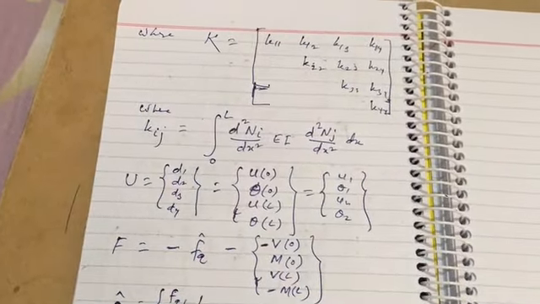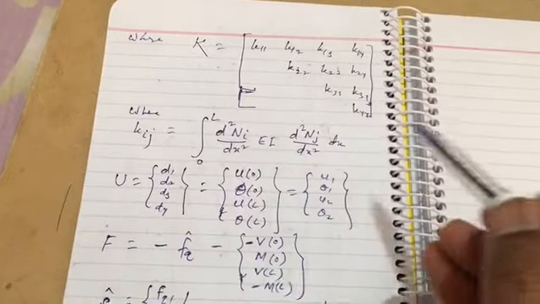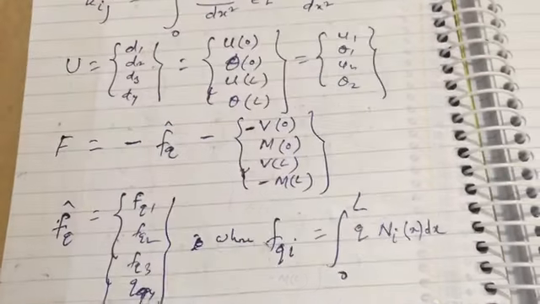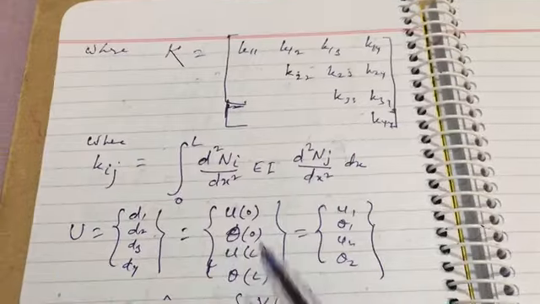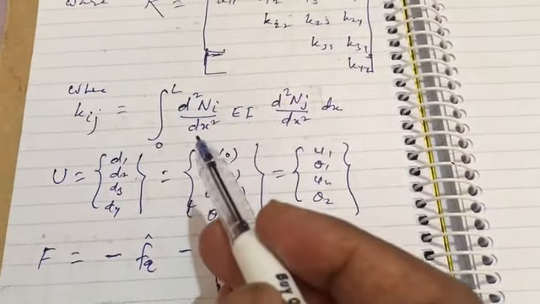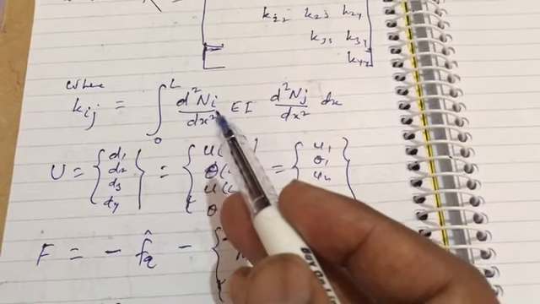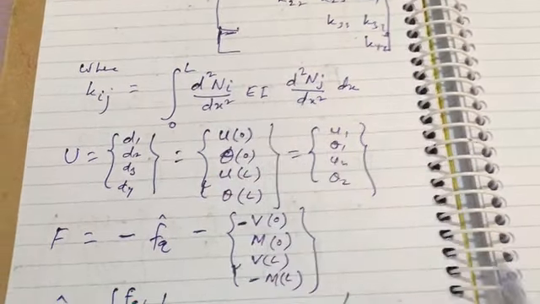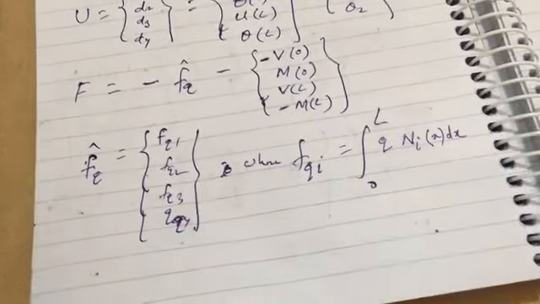Okay, so for example, let's do one of these. Let's find out k11 to begin with. For that we need the value of n1, and based on that we can find out.